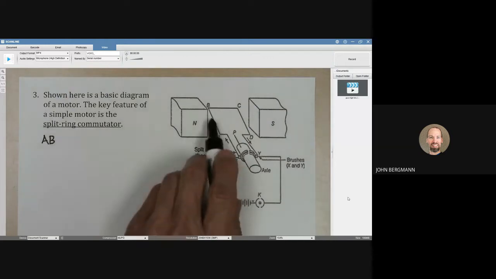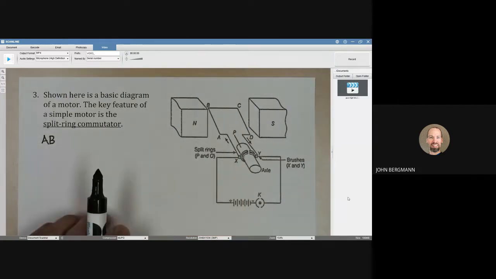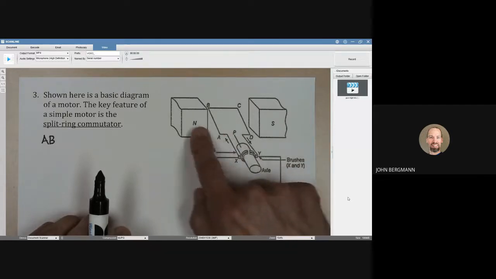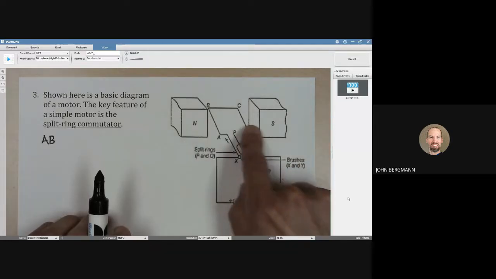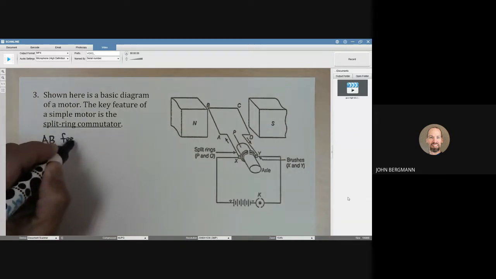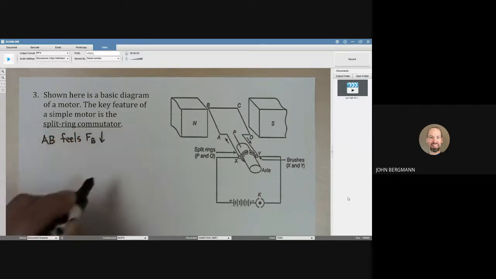In what direction will that segment feel a force? Using your right-hand rule, you put your thumb in the direction of that current, and you put your right fingers pointing in the direction of the magnetic field, which is from left to right, then you can convince yourself that section AB is going to feel a magnetic force downward.